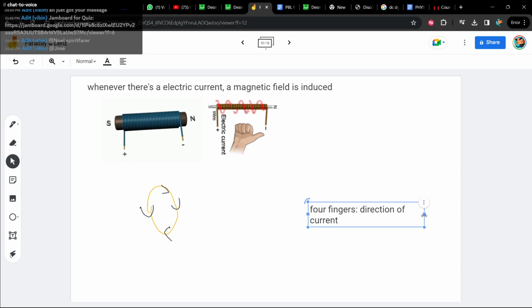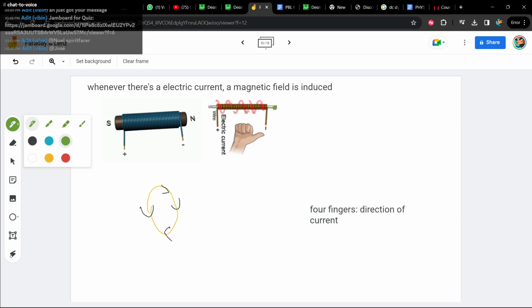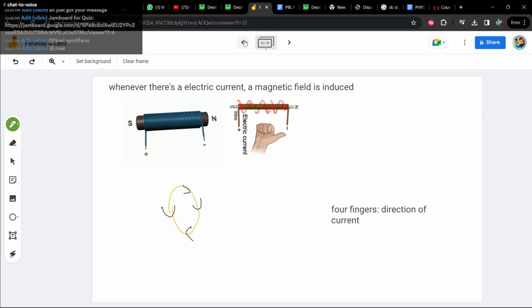If your thumb is going in the right direction, your thumb is basically your north side. So you'll have a magnetic field induced like so. Magnetic field lines are like this. Your thumb will be your north, and then the back will be south. Okay, I got it.